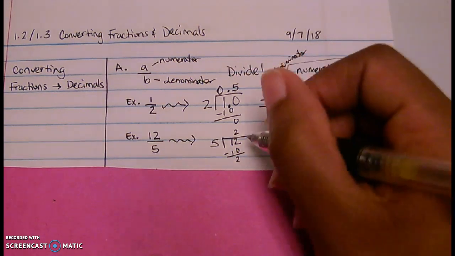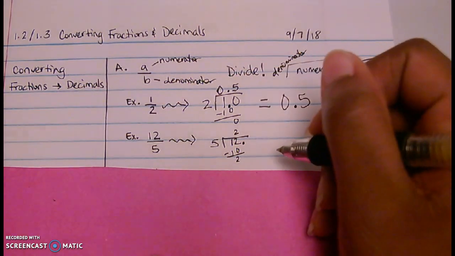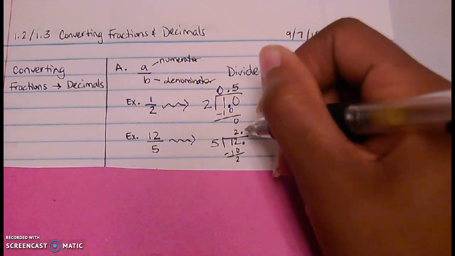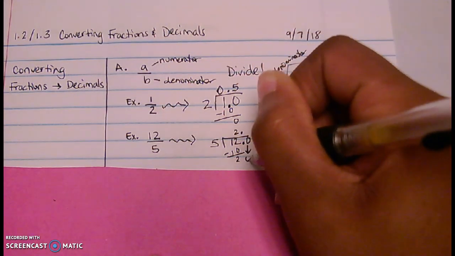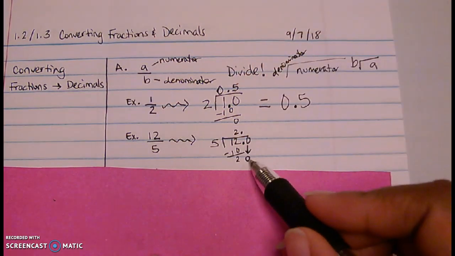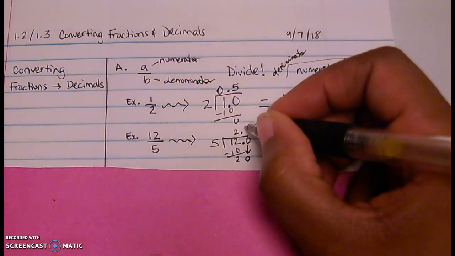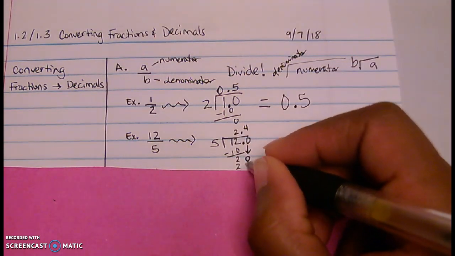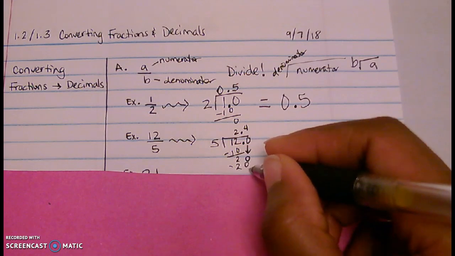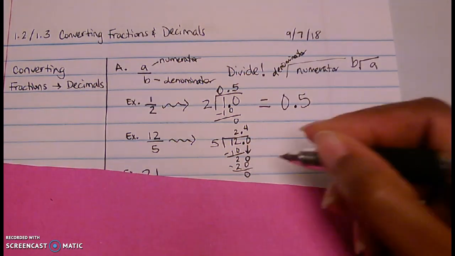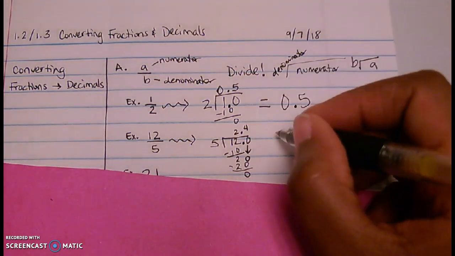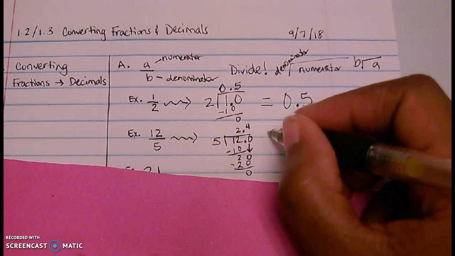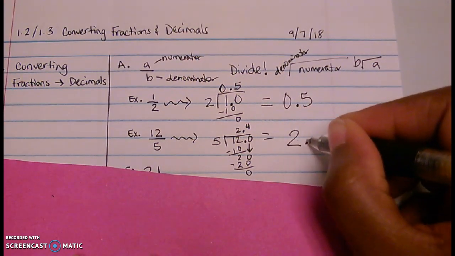Since I don't have anything else, I'm going to put my decimal here and at the top as well as a 0. Bring that 0 down. 5 can go into 20 4 times. 4 times 5 is 20, which leaves me with a remainder of 0. So 12 over 5 is the same thing as 2.4.